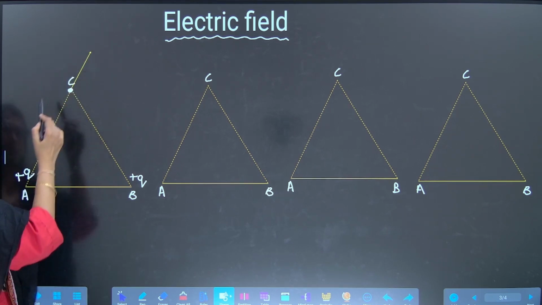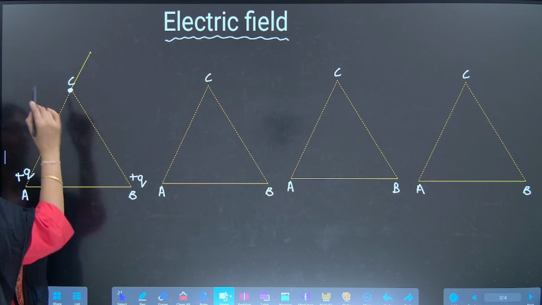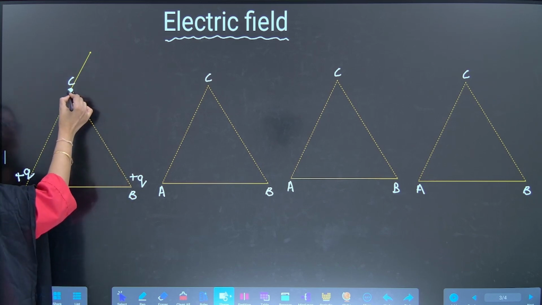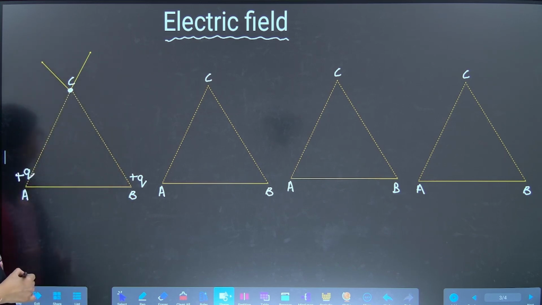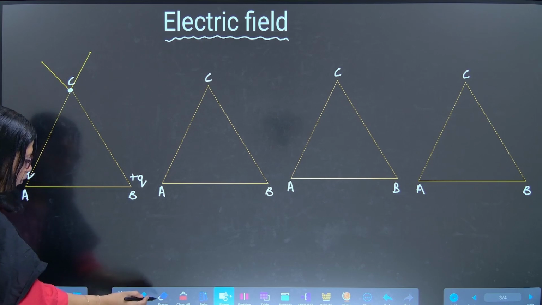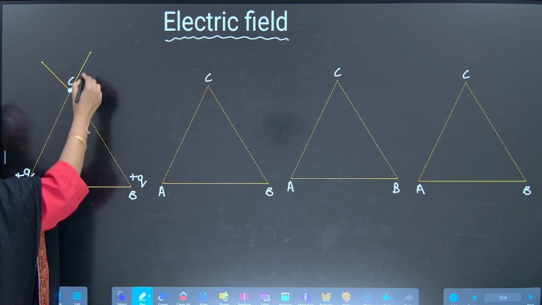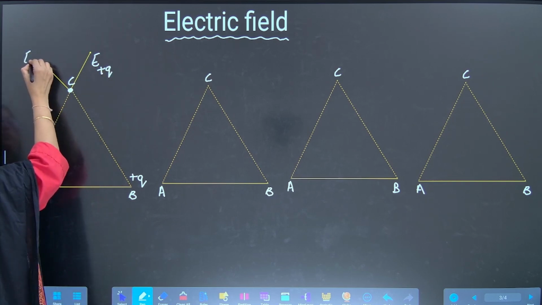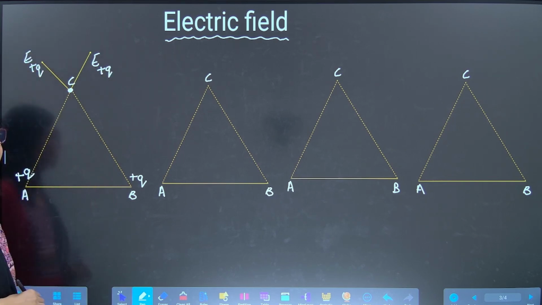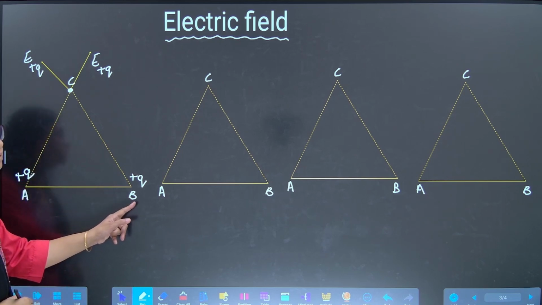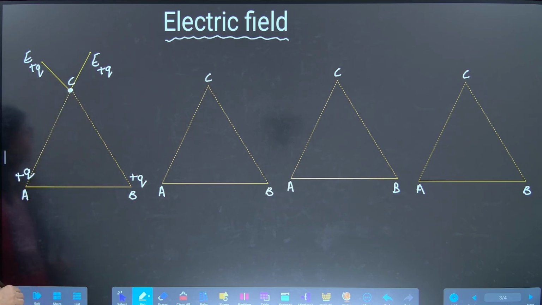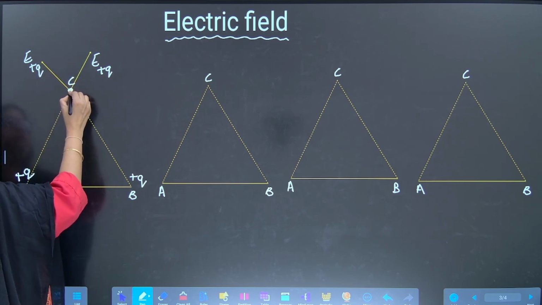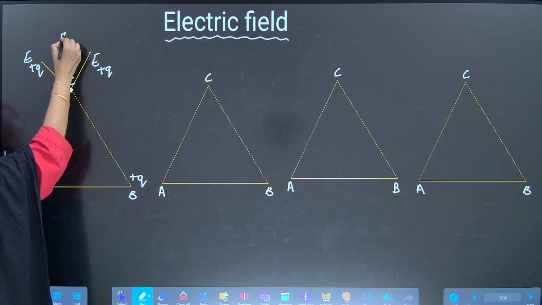This is the electric field due to the charge plus Q at the point C. Similarly, from another plus Q, following the same rule, go outwards. I can write these as E plus Q and E plus Q. These are the electric fields due to the charges plus Q and plus Q at the point C. What is the resultant of these two? Upwards. This is the resultant E.